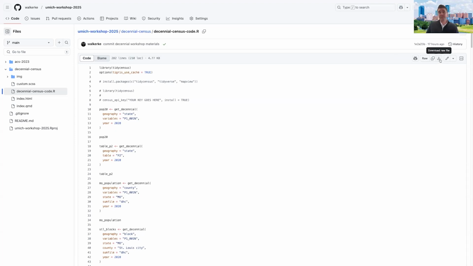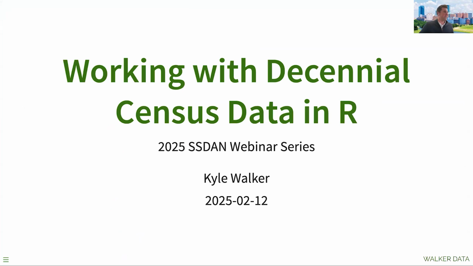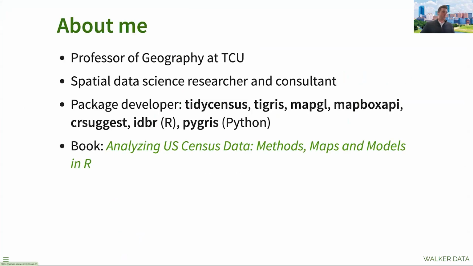That will download the script file to your machine. And it's a self-contained file, so you can just go ahead and open that in R or RStudio or Positron or VS Code or whatever you like to use. So that's our introduction in terms of how we get moving with the materials. I'm going to jump back here to the slides and start stepping through.